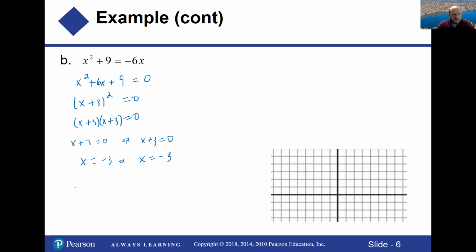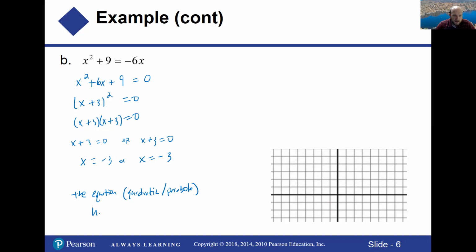Okay, so this equation, again, we could call it a quadratic. Could also call it a parabola. I've been calling them quadratics so far, but we could call it a parabola.